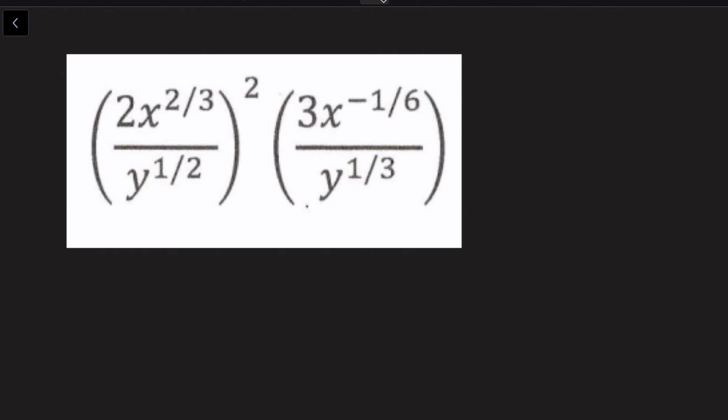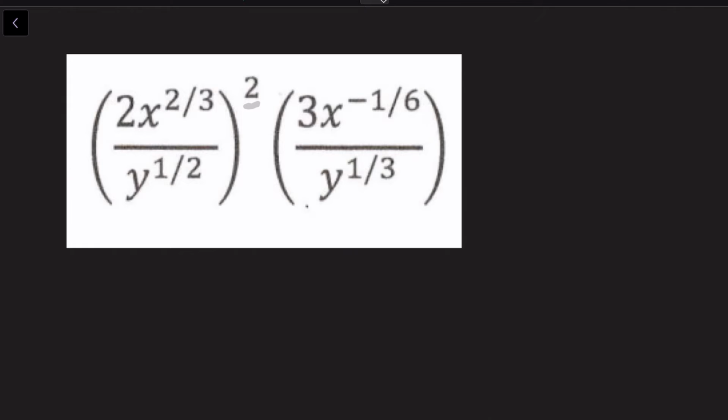This one is a bit more difficult, but we can still do this. Let's begin by putting our exponent on our parentheses inside of our fraction, because remember we have to distribute it to each one of our values.